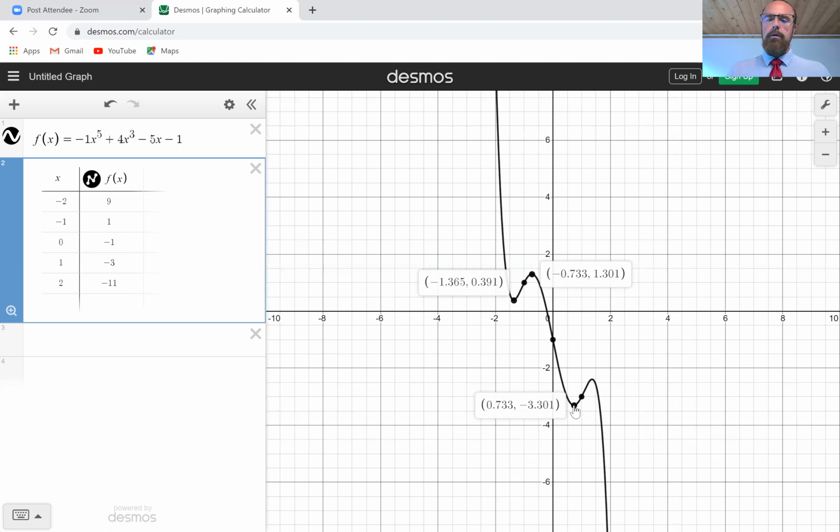So again, I'll click it there, 0.73, -3.3. And lastly, that last relative max at 1.37, -2.39. So like we do, I'm going to take the table and these 4 points. Notice those are not showing up in the table because the x values are not integers.